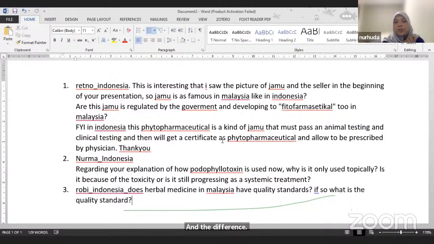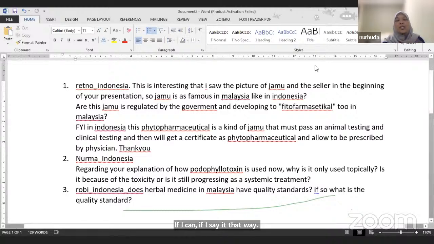Extraction means that you need to use some solvent or some means to extract, because the leaf contains, apart from the chemicals, also the fibers, the tannin and other materials that you don't want. So after extraction, you will get only the chemicals from the leaves.